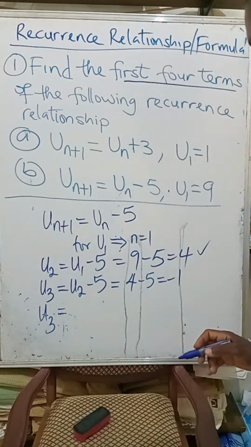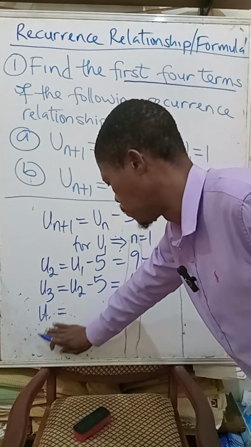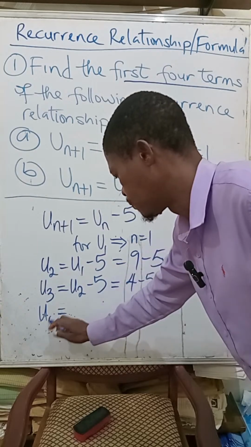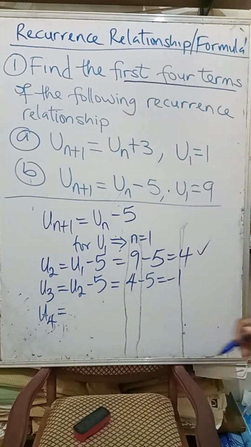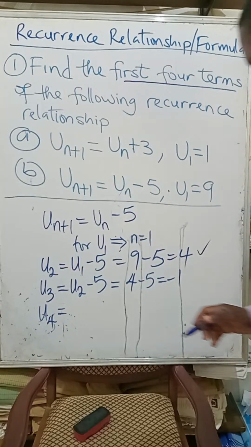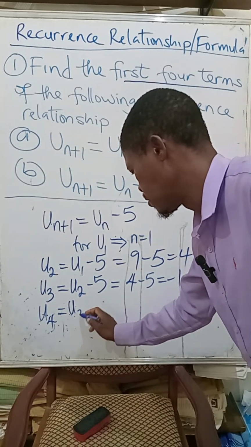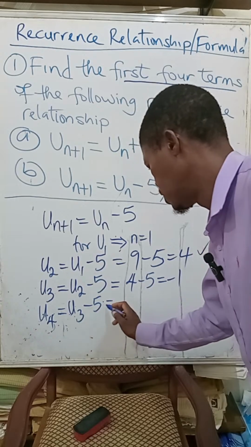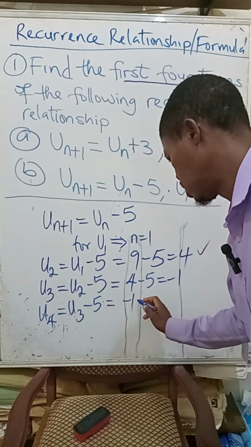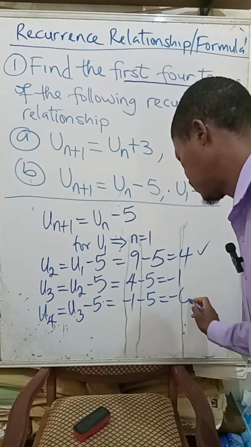Then the next one, u4. n is 3. In that case, that will be u3 minus 5. And then u3 is what? It is minus 1, and then minus 5. That's minus 6.